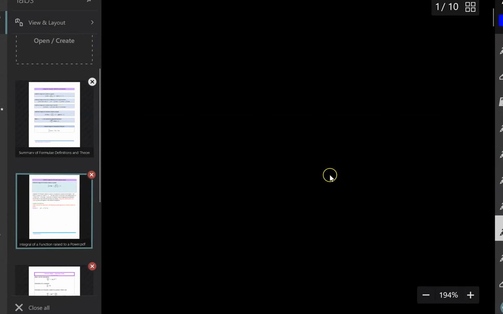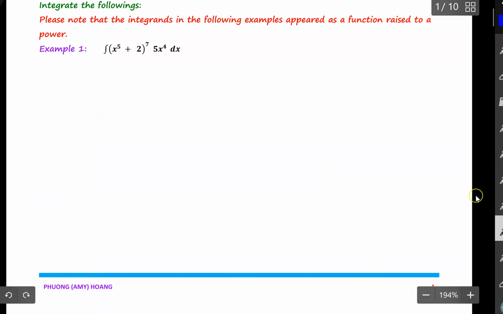Then we have to apply all this to this question. Using substitution means that you are going to identify u in this case. Identify u, and then you are going to find the du. Let u equal x to the exponent 5 plus 2.